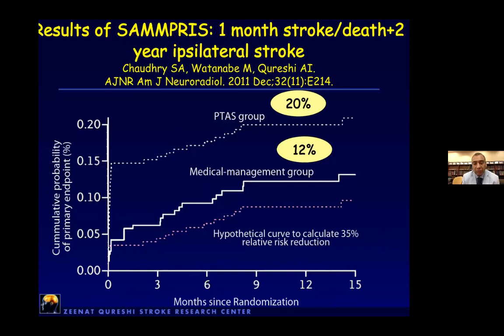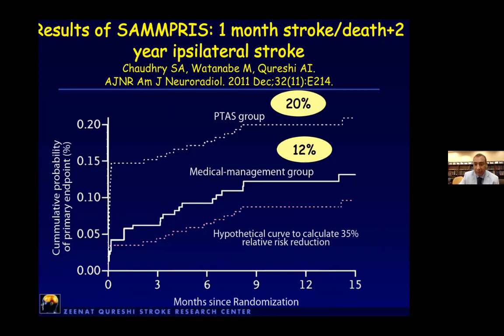If you follow these patients for over a year, the primary endpoint was 1 month stroke or death, or 2-year ipsilateral stroke, so stroke in the distribution of the stenosis. In the angioplasty stent group, 20% had that primary event, while in the best medical treatment group, only 12% had it.